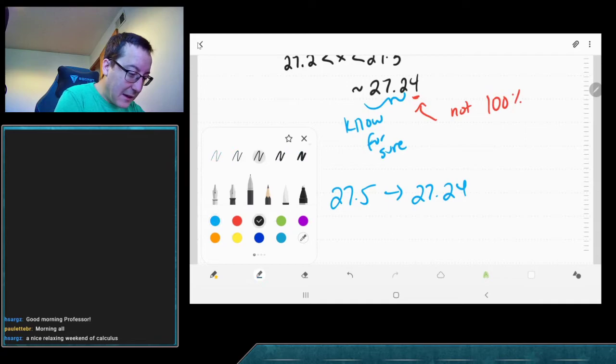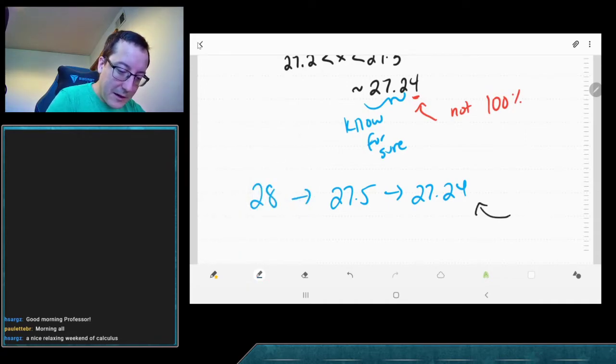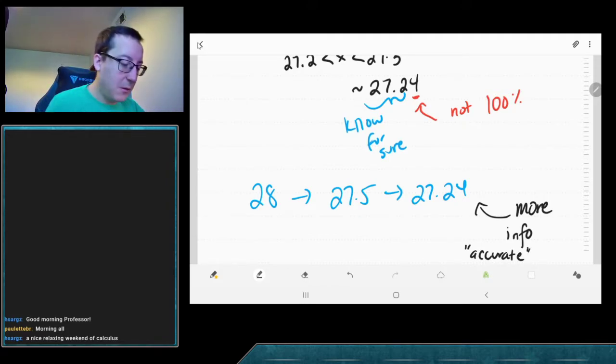We can see here that this one gives more information, right? It's more accurate. It's more precise. Whereas this one's kind of vague and giving us less information.